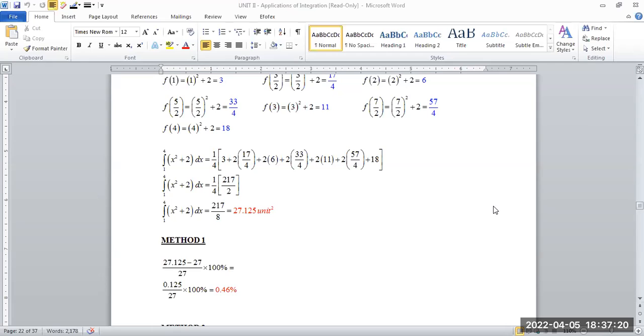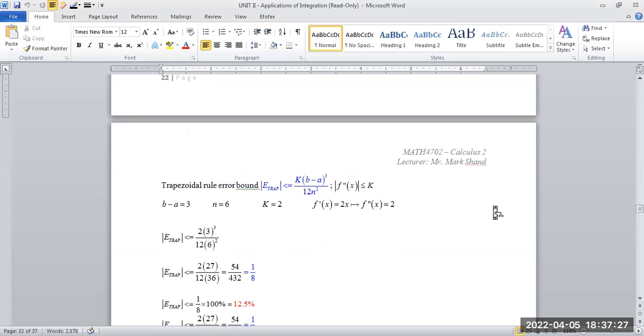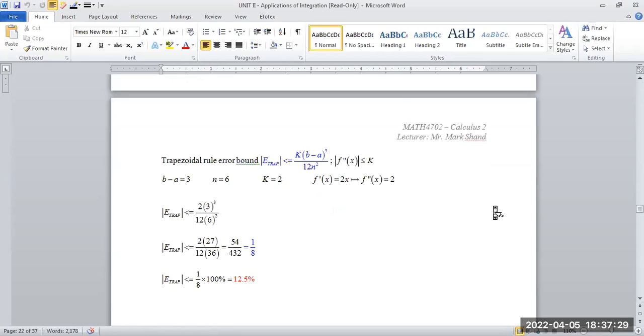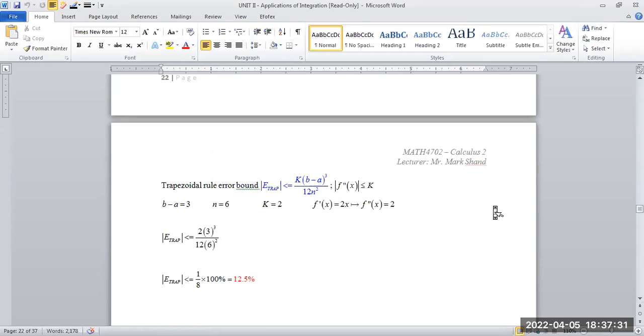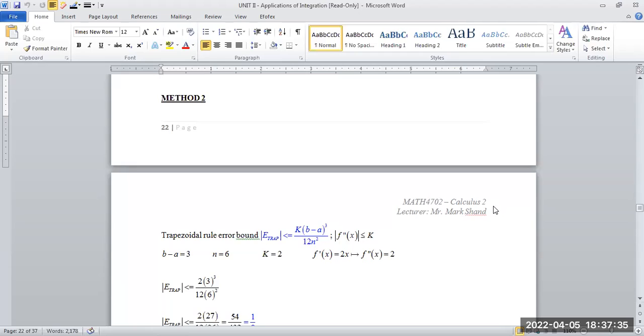Now look at my method 2. The trapezoidal rule error bound.